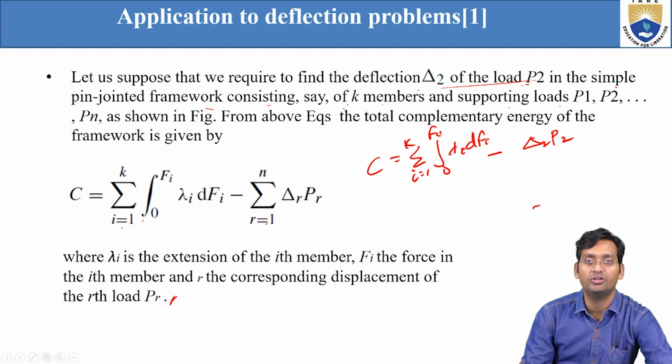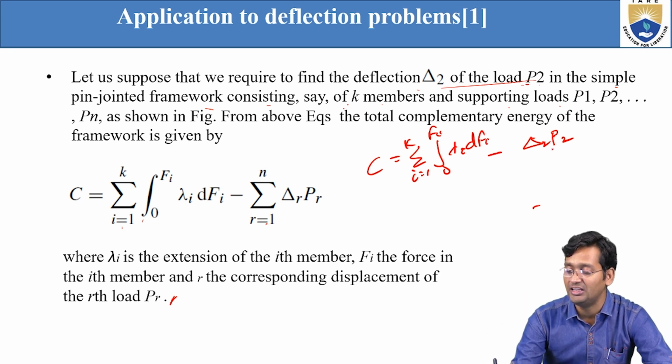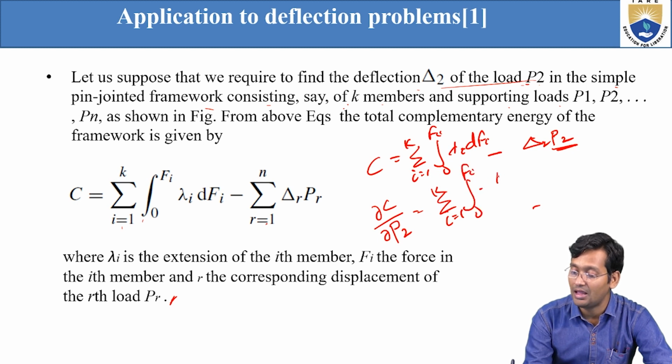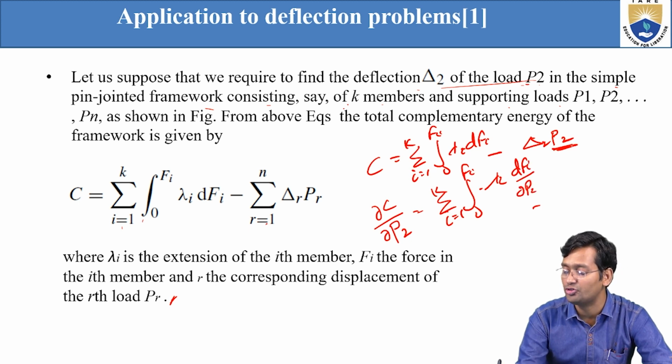Earlier also I said that at whichever point you are finding the deflection, differentiate with respect to that load. So at point 2, differentiate with respect to P2. So delta C by del P2 equals sigma i equals 1 to K of lambda i del Fi by del P2, and the differentiation of P2 will be 1, so minus delta 2.